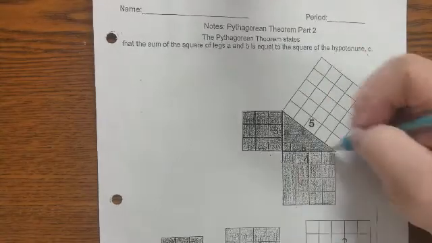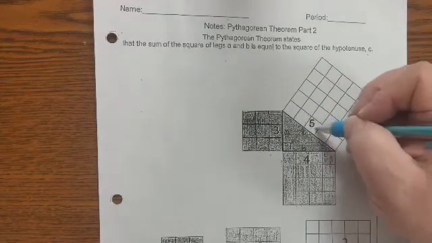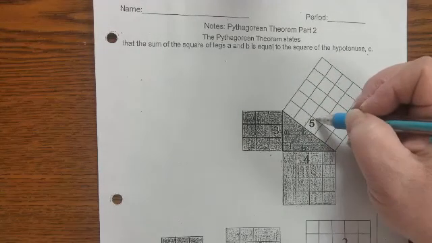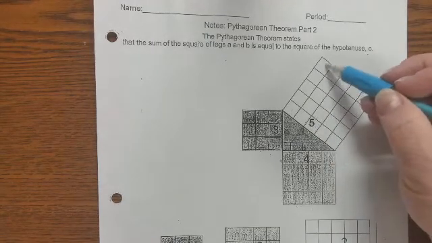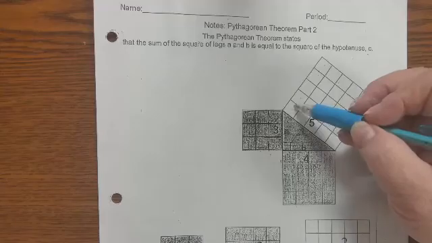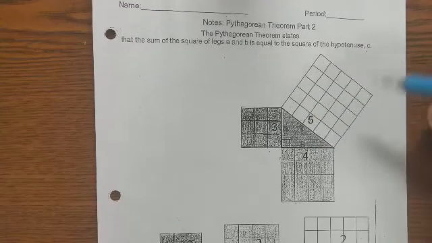So this side length is 5, and the area of the square is 5 squared, meaning it's 5 times 5, which is, hopefully you all know, 25. If I counted these, it would be 1, 2, 3, 4, 5, and 5 times 5 makes 25. So the area of the square is 5 squared.